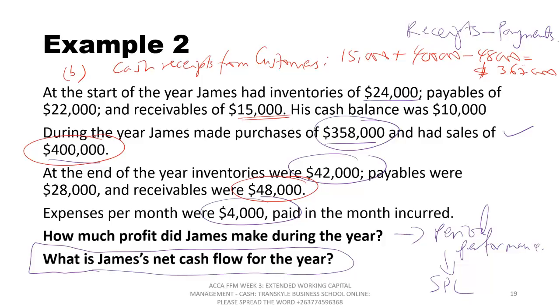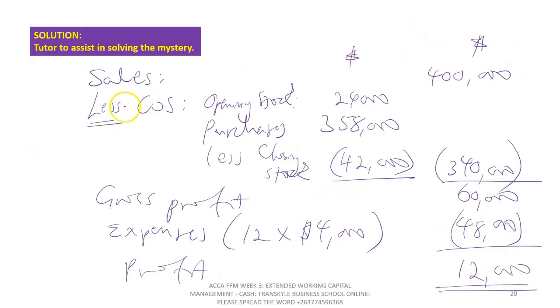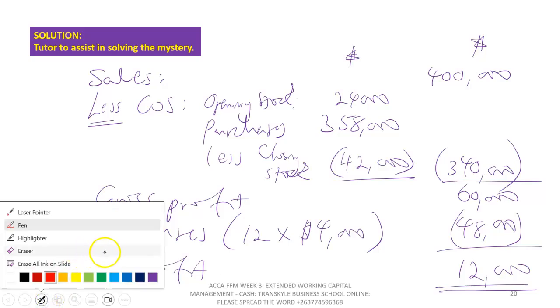Good. What about the cash we paid? The cash we paid to suppliers. Where can I squeeze this one now? Okay, let me just try. You guys, I hope you have screenshotted these figures because I'm about to delete them.